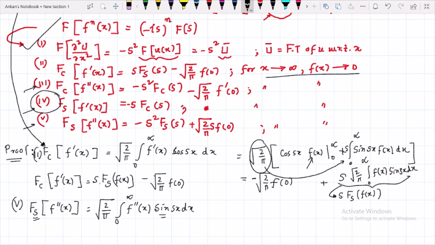Where you have given sine, put here sine. So this also I apply integration by parts: first function, integration of the second, minus derivative of first function, integration of the second.